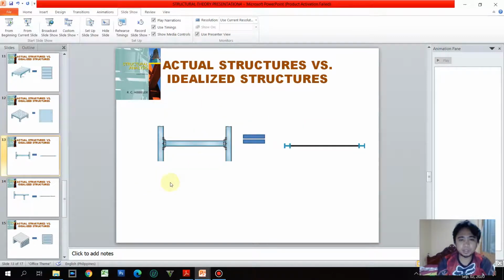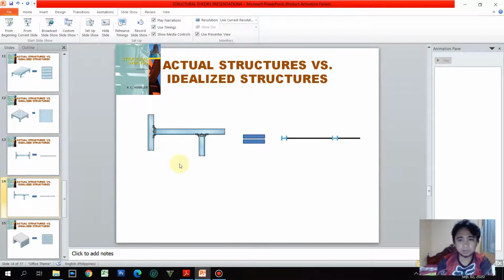So we have here a fixed connection. We'll just have to indicate a top view for that. This is the I-beam. As we can see now, this line is fully attached to the I-beam, indicating that this is a fixed connection. Similarly, if we have an overhang beam here, we have a fixed connection here and a fixed connection here.